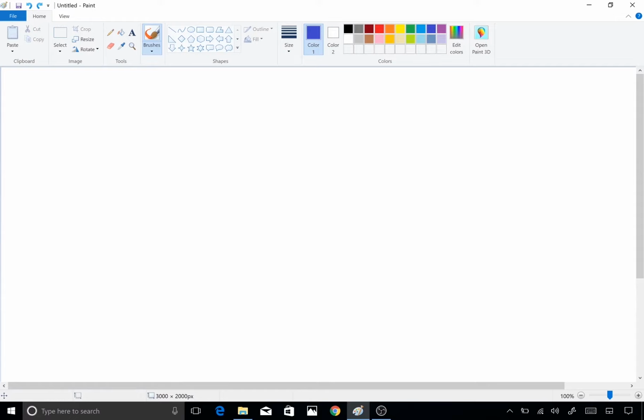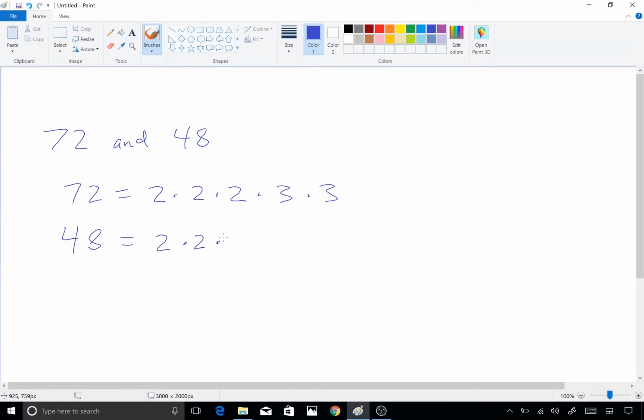What's the greatest common factor between 72 and 48? 72 equals 2 times 2 times 2 times 3 times 3. 48 equals 2 times 2 times 2 times 2 times 3.